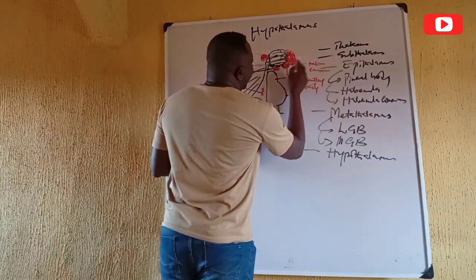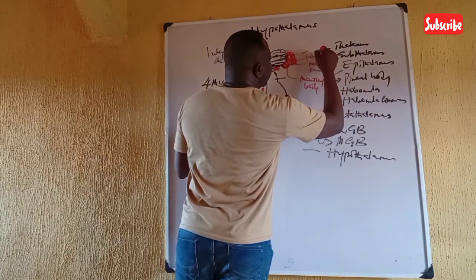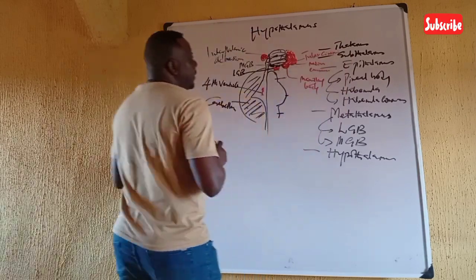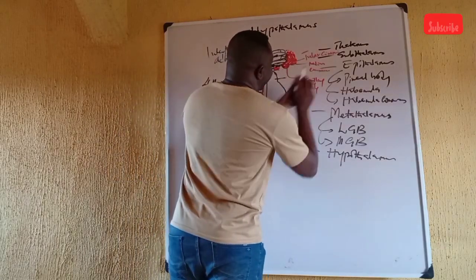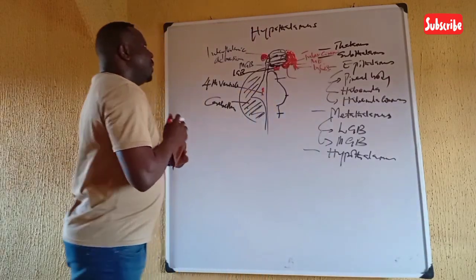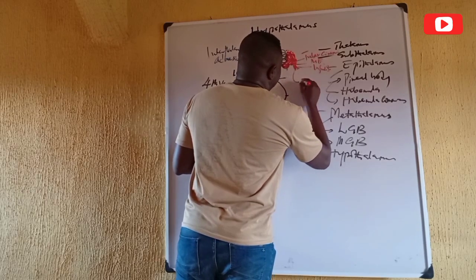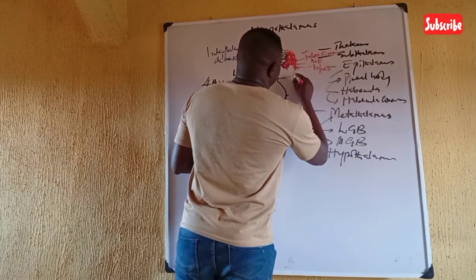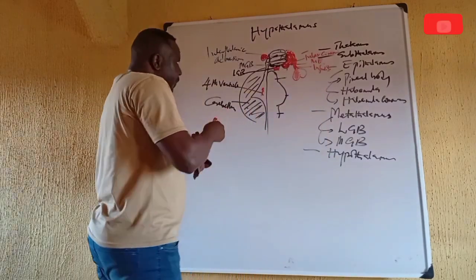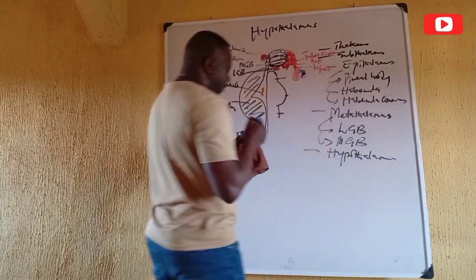Actually, we have what we call the tuber cinereum that gives rise to the median eminence, and from the median eminence we have the infundibulum, and from the infundibulum we have the pituitary gland. We have the posterior pituitary and the anterior pituitary.